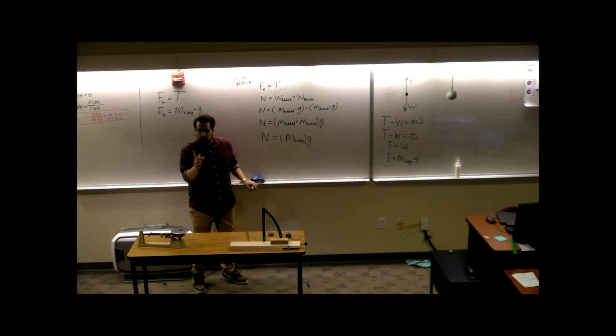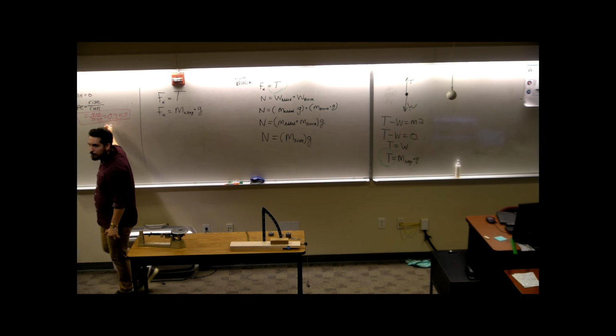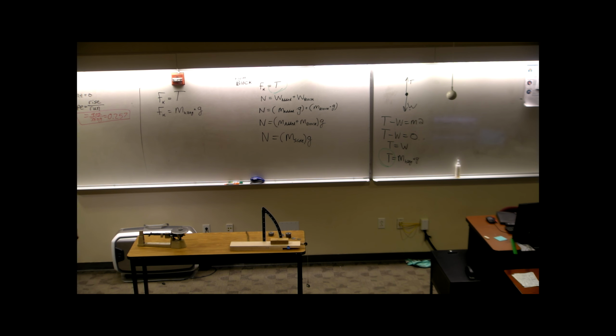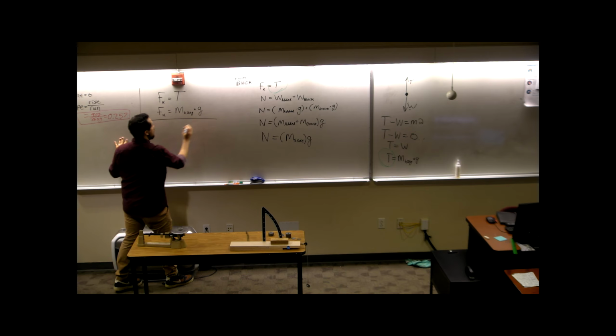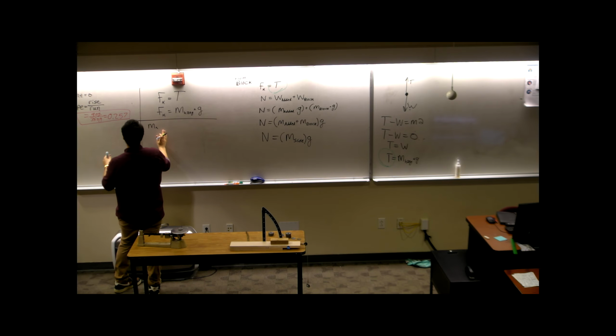Now, we discovered something with our graph. We discovered that there's a linear relationship between the sliding mass and the hanging mass, right? And what did we have on the vertical axis?